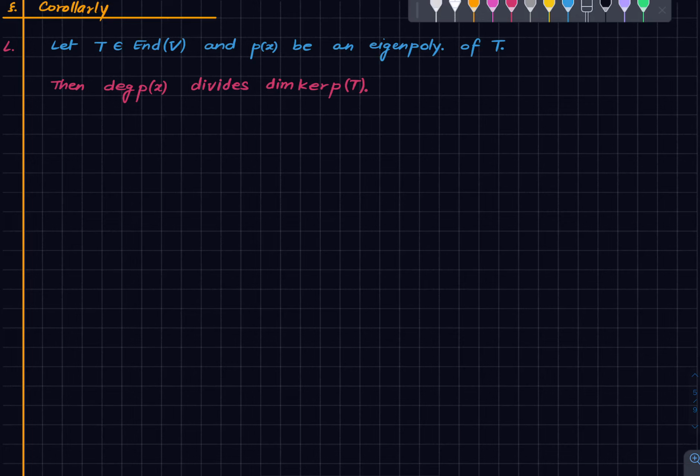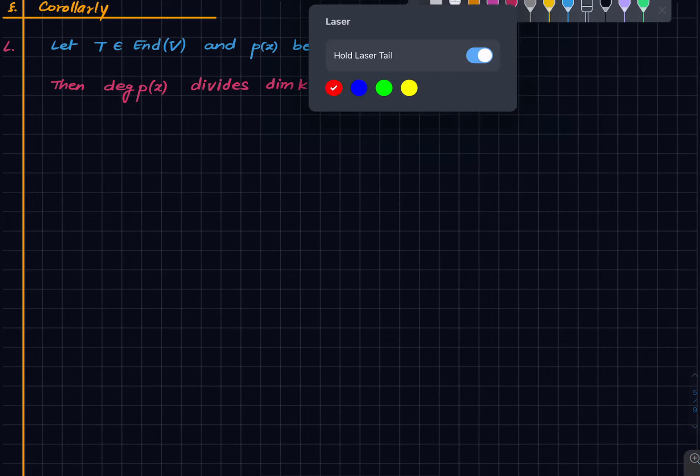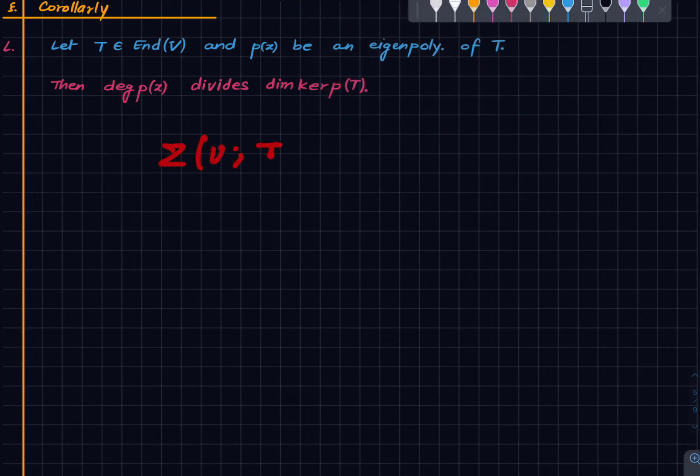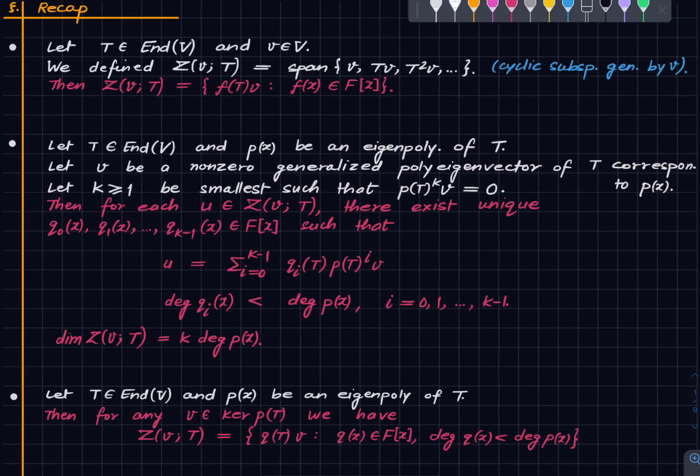The dimension of the cyclic subspace, ZVT, for any generalized polyeigenvector V is divisible by the degree of the polynomial. Right? So this is something that I kind of glossed over in the recall. So perhaps let's go to that. So here this big theorem in particular says that the dimension of the cyclic subspace generated by any generalized polyeigenvector is divisible by the degree of the polynomial.